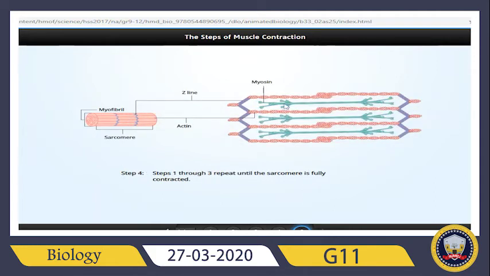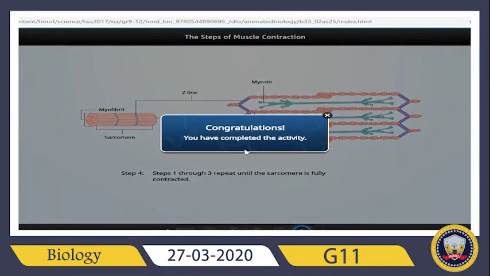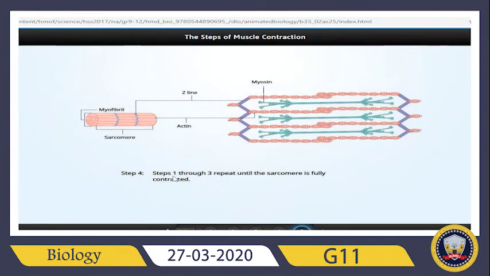Now, steps 1 through 3 repeat until the sarcomere is fully contracted. This is the full contraction of the sarcomere.